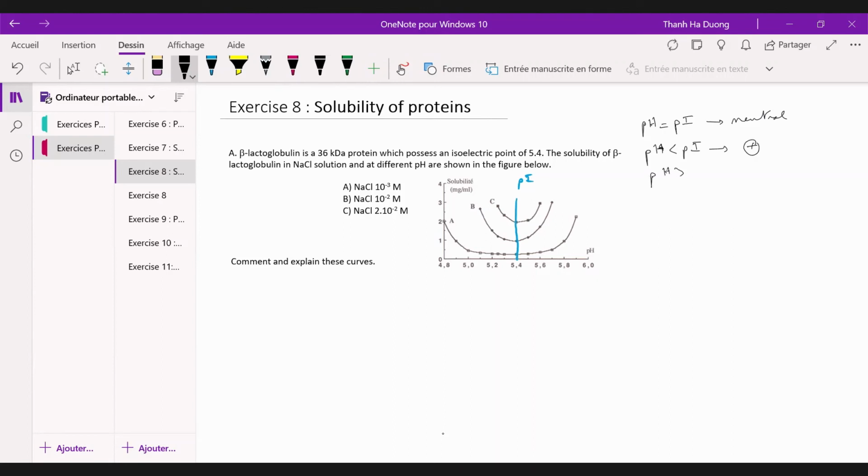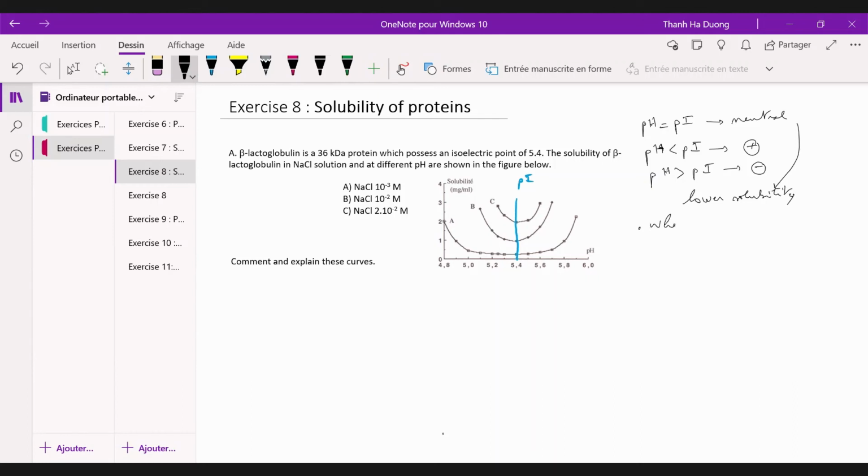And when it's higher, it's negative. Okay. So you know that water is a polar molecule. So it prefers the charge, positive or negative, whatever. But when the protein is neutral in water, you have the lowest solubility.